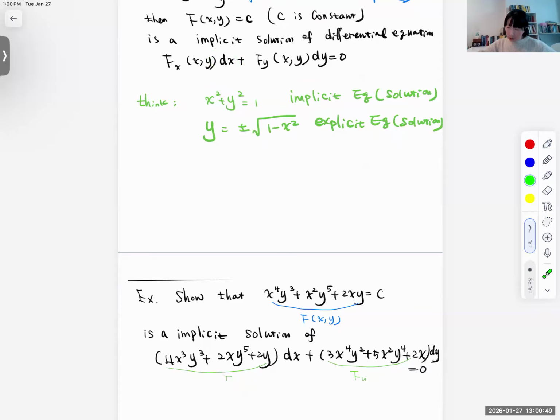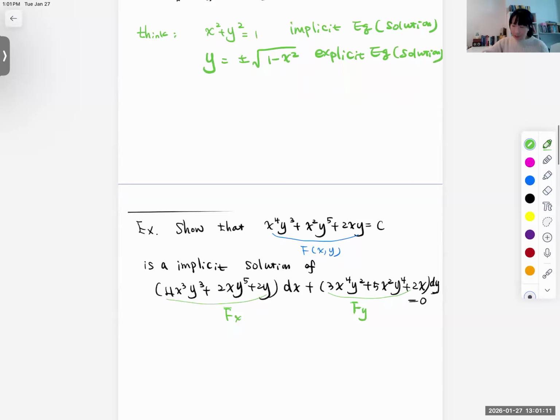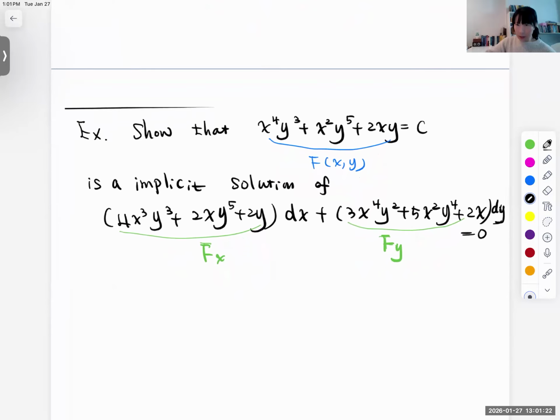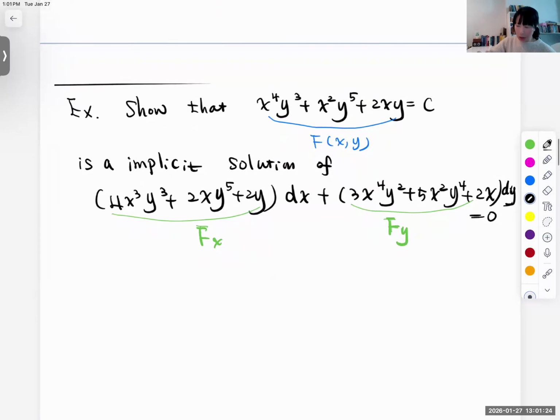We have the first term as the partial derivative with respect to x, and the second as the partial derivative with respect to y. Let us do this one. It's been a while. Okay, can you see? Hold on one second, let me make it bigger.